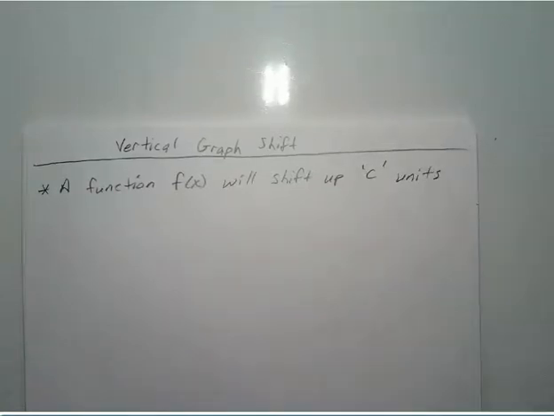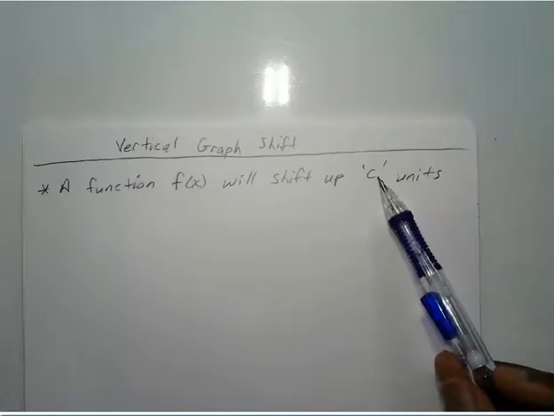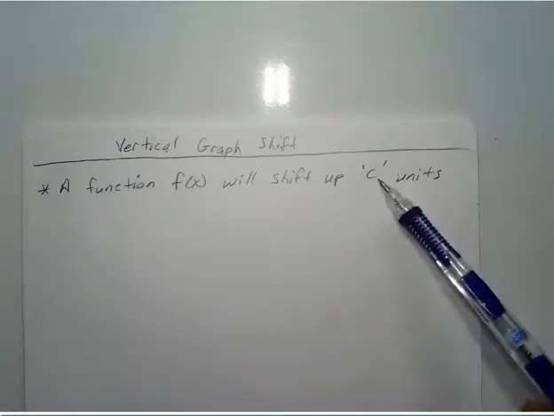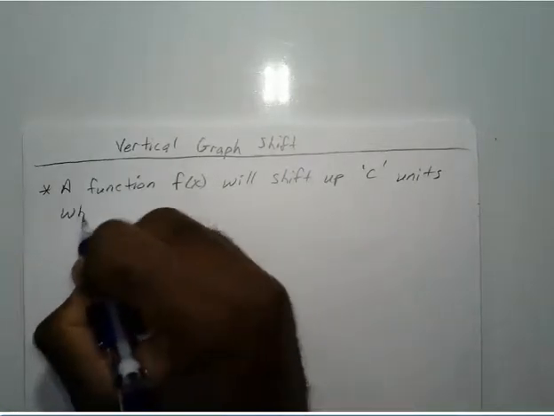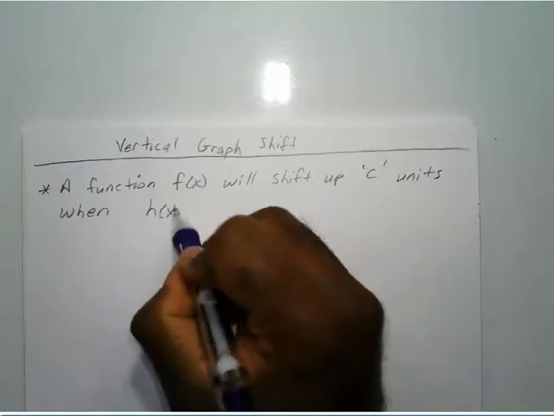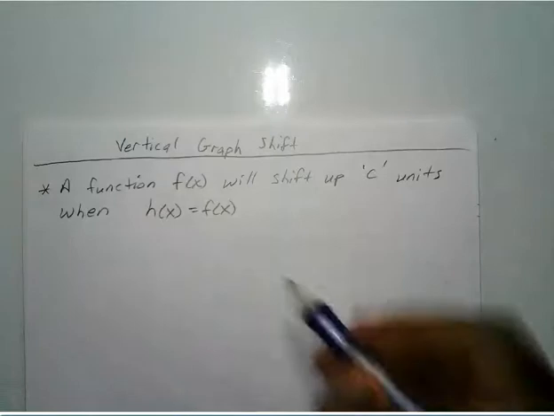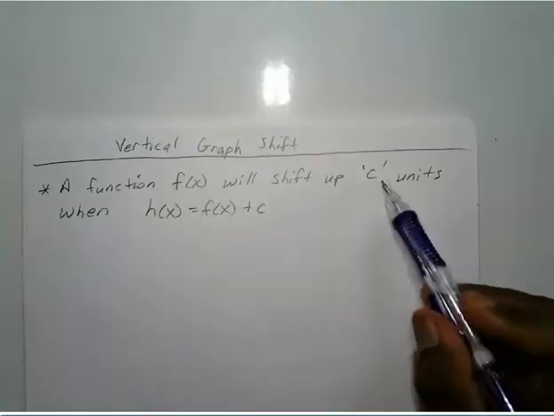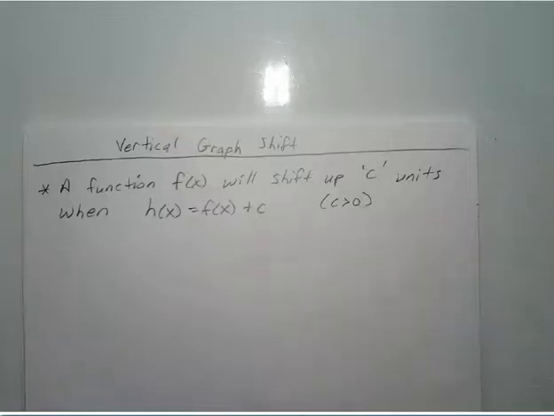Remember, c just represents a number. It could be 1, 2, 3, 4, 20, 100. That's why instead of saying a number, we just call it c. This happens when some function we'll call h of x equals f of x plus whatever that c value is, assuming that c is greater than 0.